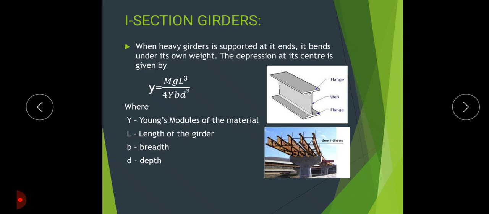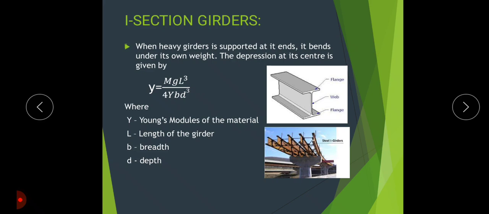Therefore, the upper and lower surfaces of the beam must be stronger than the intervening part. The two surfaces of the girder are made much broader than the rest of it.